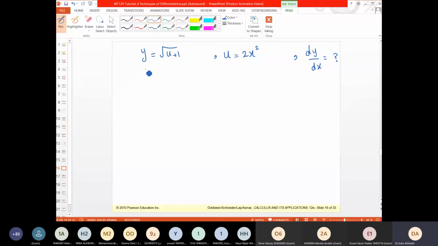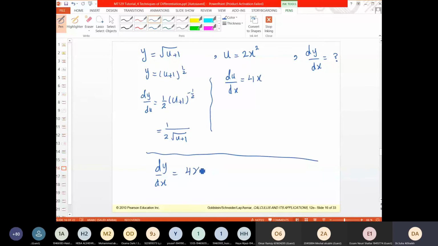So y here is equal to u plus 1 to the power half. So the derivative of y with respect to u, because it's a function of u, I differentiate it with respect to u. It is half of u plus 1 to the power minus half. It's equal to 1 over 2 root of u plus 1. And du by dx, because u is a function of x, is equal to 4x. So if I want dy by dx, it's the multiplication of this and this.